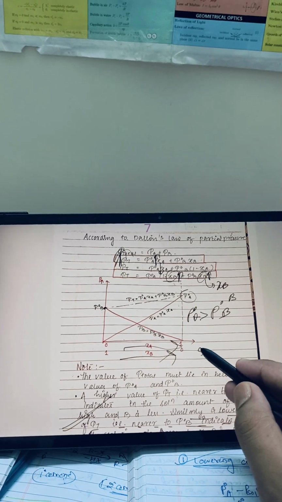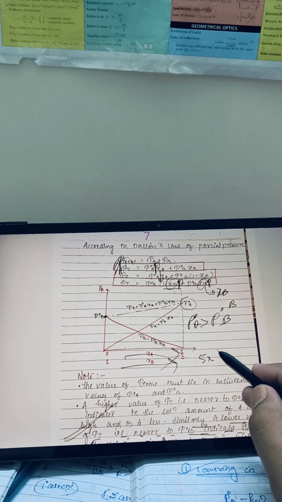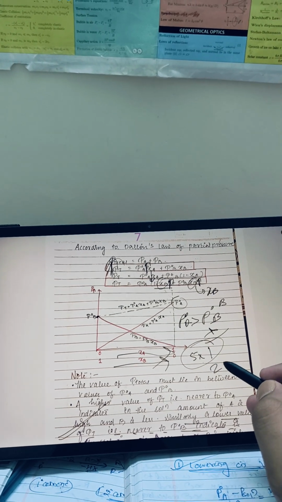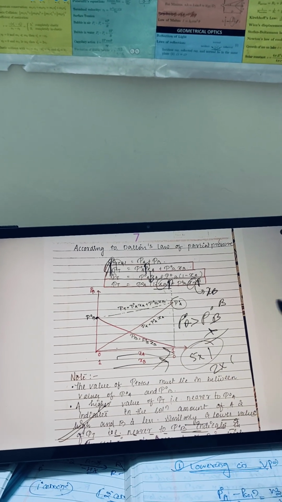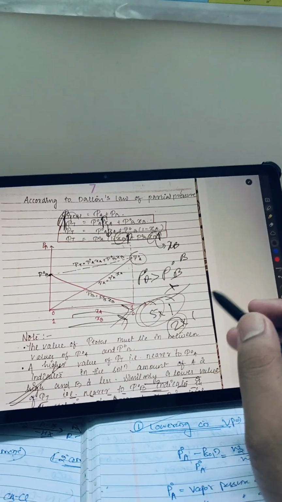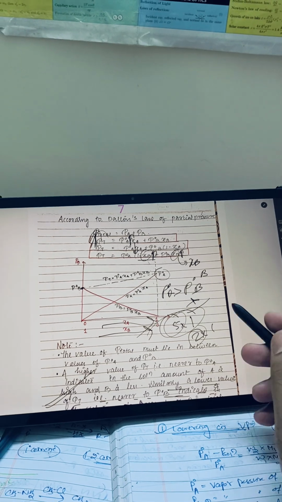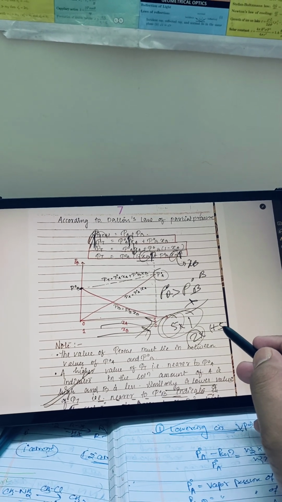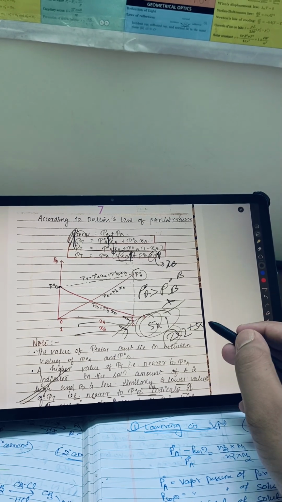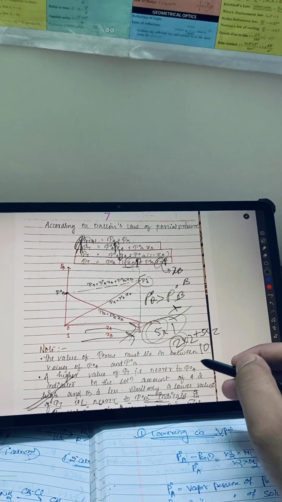It's like this: 5 into 1 is more, but 2 into 1 is less. That's why it depends on PA naught and PB naught. And if you add up 5 into 0, nothing would be there.